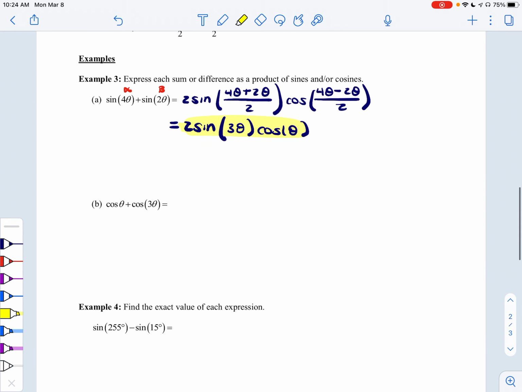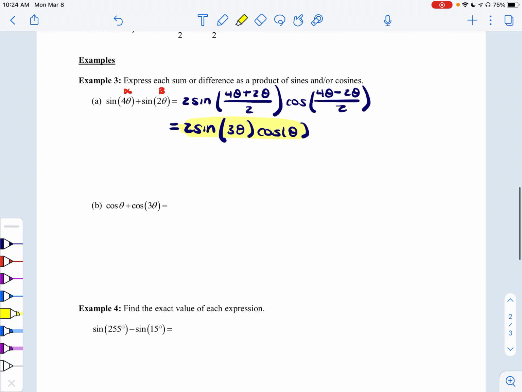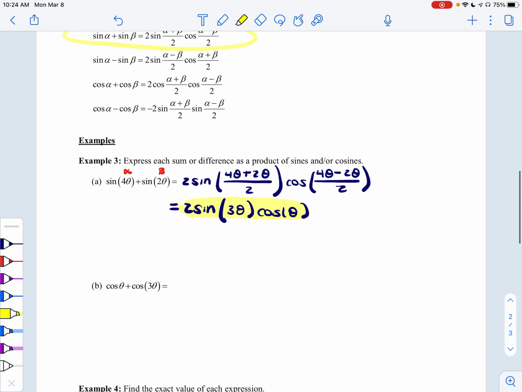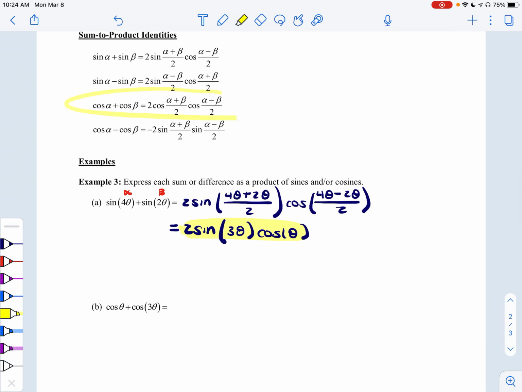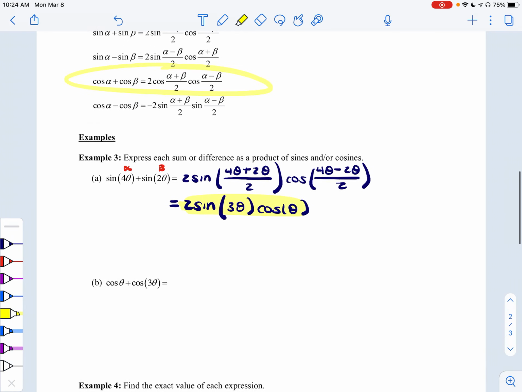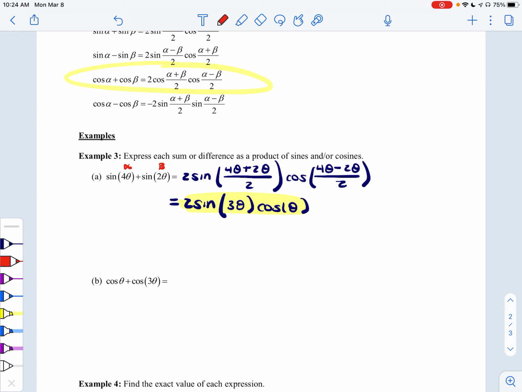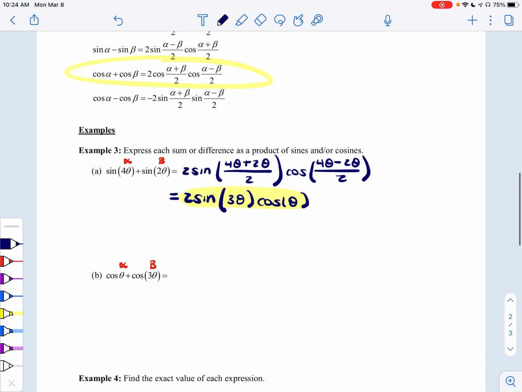All right, example 3b, we have cosine of theta plus cosine of 3 theta. So cosine plus cosine. I'm going to be using this third identity right here, cosine of alpha plus cosine of beta. So I'm going to label my angles as alpha and beta and just substitute them into our identity.